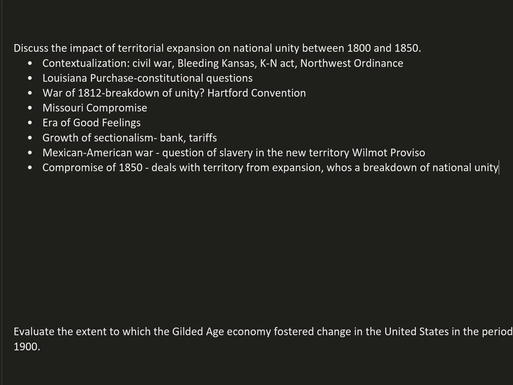And then the Fugitive Slave Act causes some issues in the North. So that's really one of the last few nails in the coffin of national unity in the 1800s.